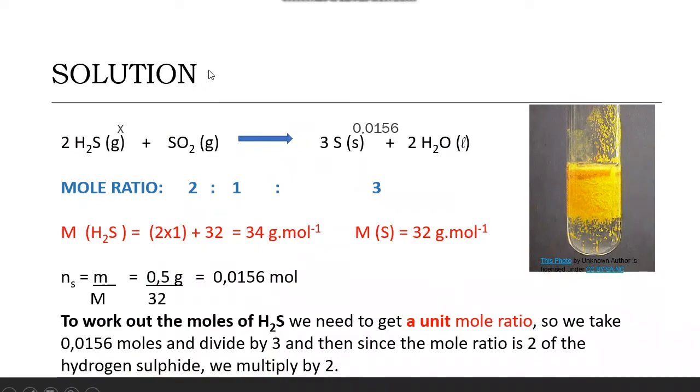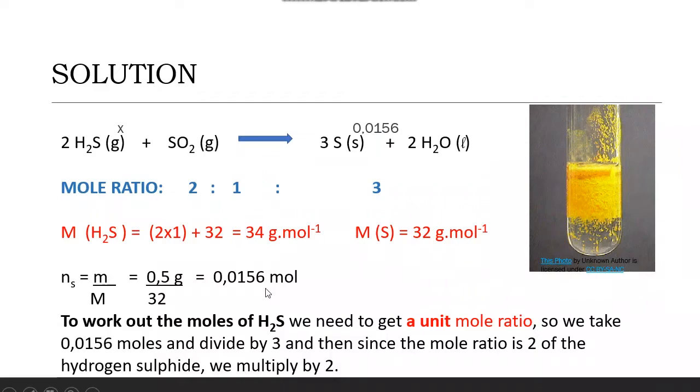Right, the solution to this worked example on molar volume of gases. We're looking at hydrogen sulfide gas and the sulfur precipitate, the yellow precipitate. Here in this picture, there's actually a liquid solution showing the sulfur precipitate, but in gases, it's similar, with these two gases forming a yellow sulfur precipitate.